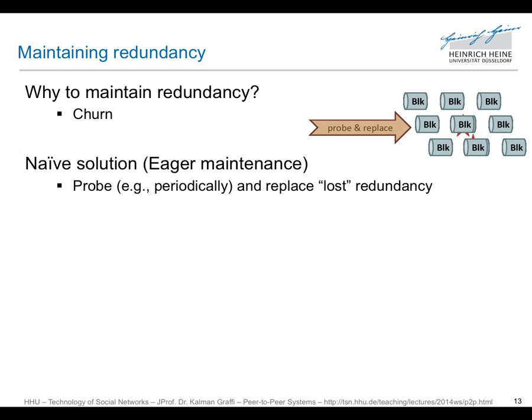The easiest solution is to periodically check all of the blocks, and if some are missing, replace those. This is very expensive, both for probing and for replicating, because with that you maintain a much higher replication ratio than you actually need.